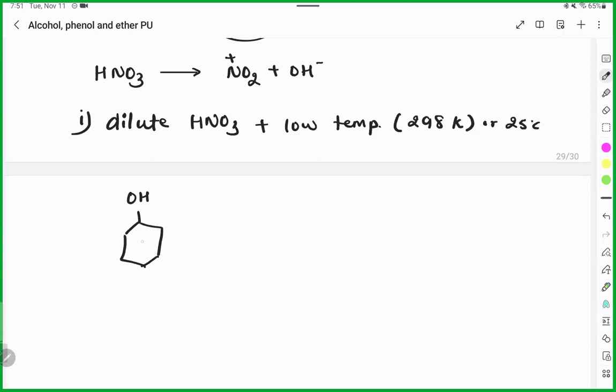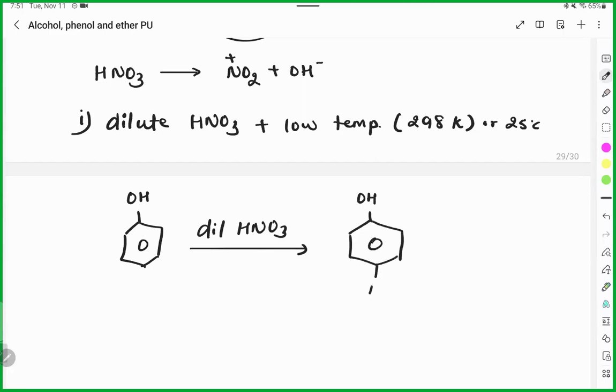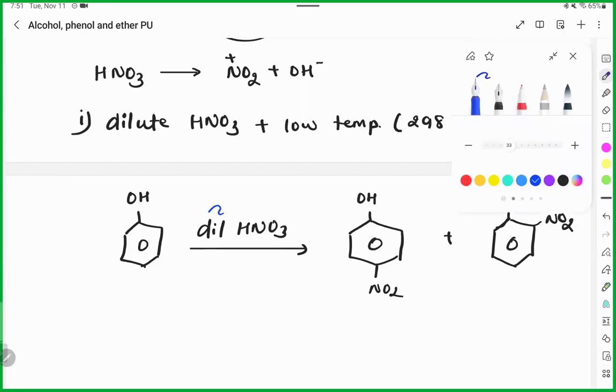only mono substitution. Here you have dilute HNO3, and ortho and para products will form. Major will be para. What is special in this reaction is that we are using the dilute form.